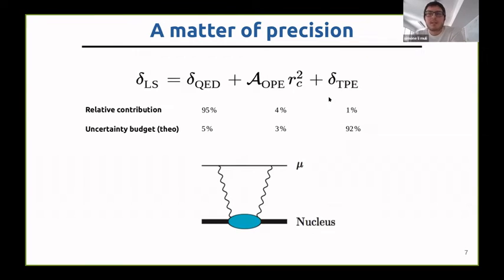So this term is currently representing the real bottleneck for a precise extraction of nuclear charge radii by making these spectroscopy experiments in muonic atoms. And there is huge motivation to try to improve our computation of this term and, as a consequence, reduce the associated uncertainties.